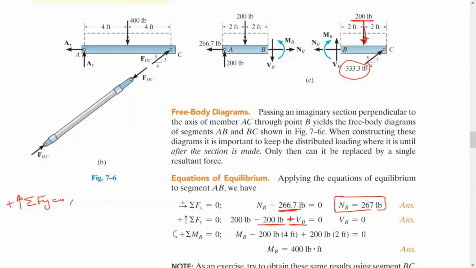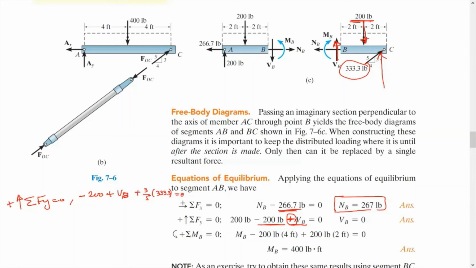We have minus 200 pounds, plus V_B, because we assumed V_B upward here. For that, there is a mistake here. This should be plus V_B, plus the vertical component of this one, which is plus 3/5 F_DC, which is 333.3, and this is equal to 0.